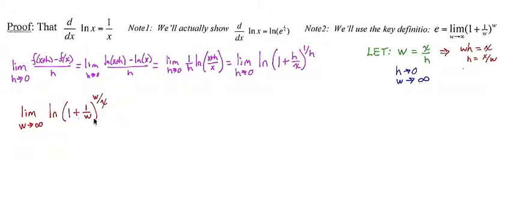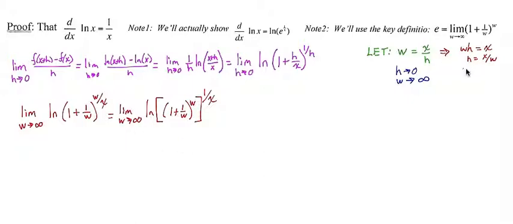We're going to rewrite this. Right? So this is a fractional exponent. I'm going to pull apart the fractional exponent. So we'll start again. The limit as w approaches infinity. Pull apart the fractional exponent. So this is going to be the natural log of, we will have 1 plus 1 over w raised to the w, and all of that raised to the 1 over x.